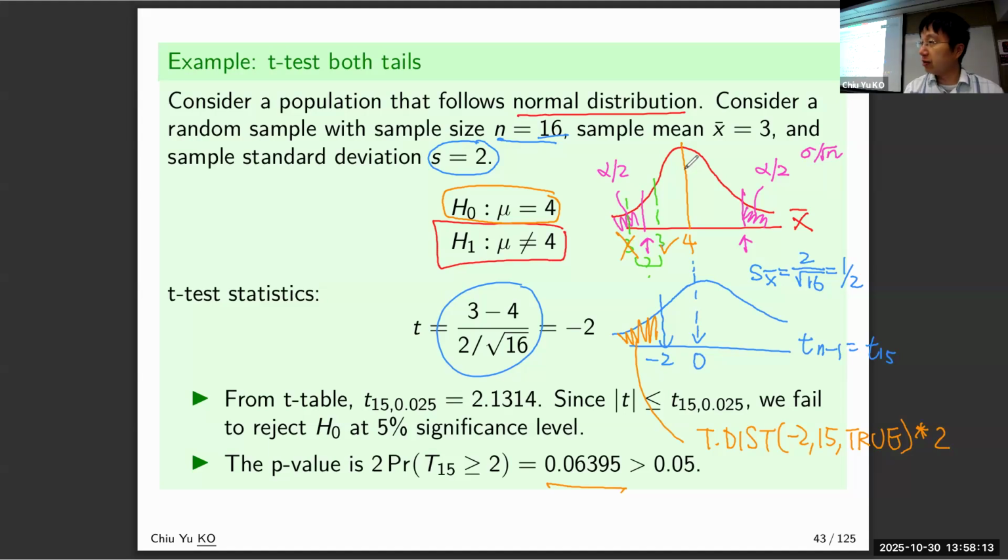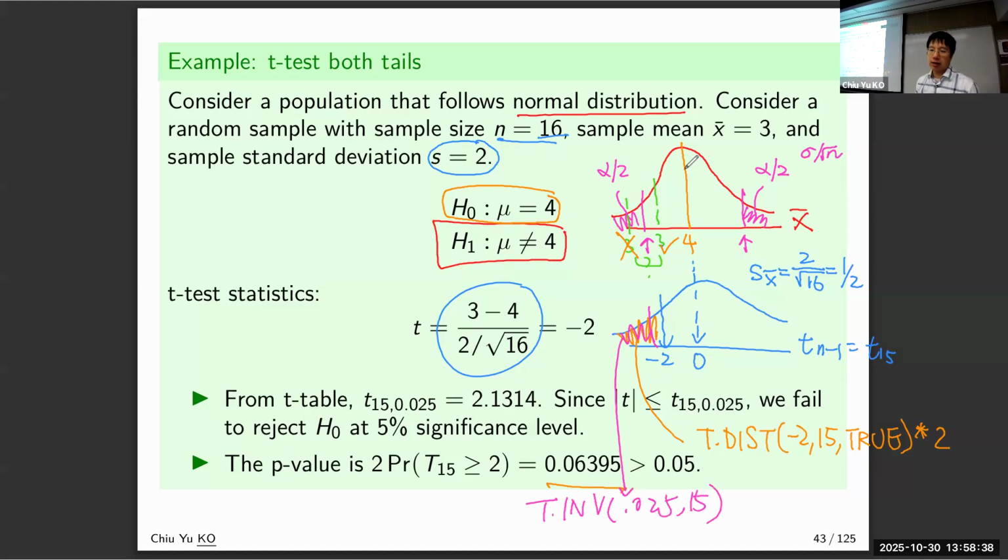So this is the p-value method. If you want to do the critical value method, it will be the same, right? Looking at this area is going to be 2.5%. So what you do is t inverse 0.025, 15.